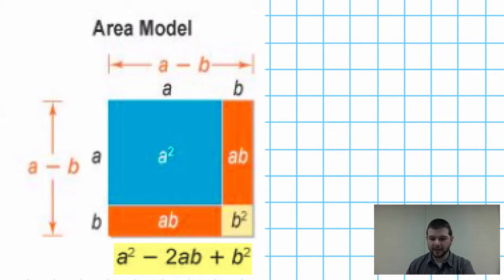We have 2 rectangles representing a times b, so when adding those together we would have 2ab. Keeping in mind they're negative, that would be minus 2ab. And finally, b squared, our last term, we have one of those. So combining, a squared minus 2ab plus b squared.